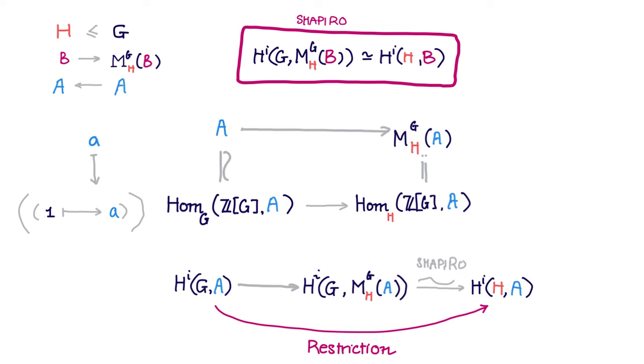This gives us an abelian group isomorphism between A and this group of G linear homomorphisms from this group ring to A. Now, any homomorphism that commutes with G action must also commute with H action because H is just a subgroup of G. Thus, we have a natural way to view elements of A as elements of this group of homomorphisms. Now, applying the cohomology functors on this map gives us this map, and then composing this with the isomorphism in Shapiro's lemma gives us the restriction map.